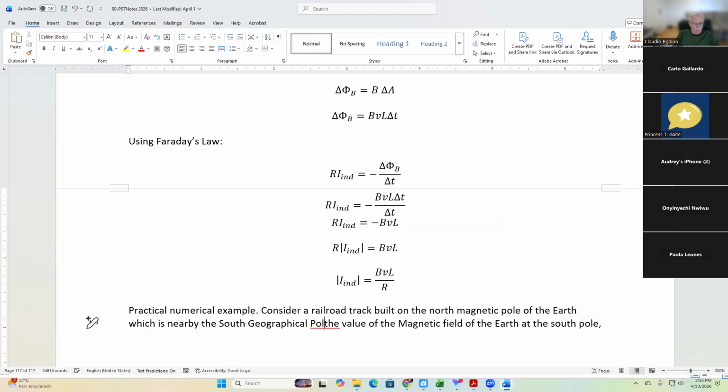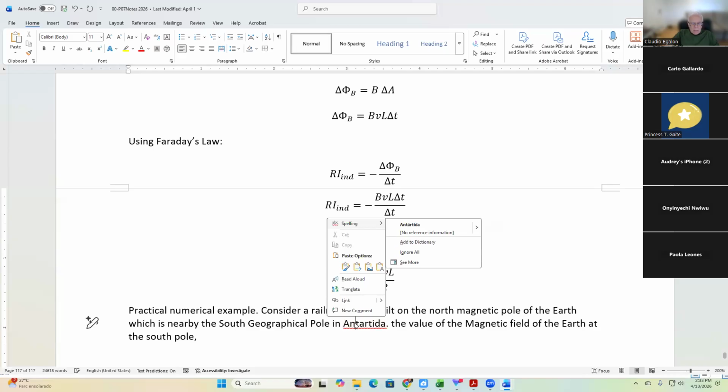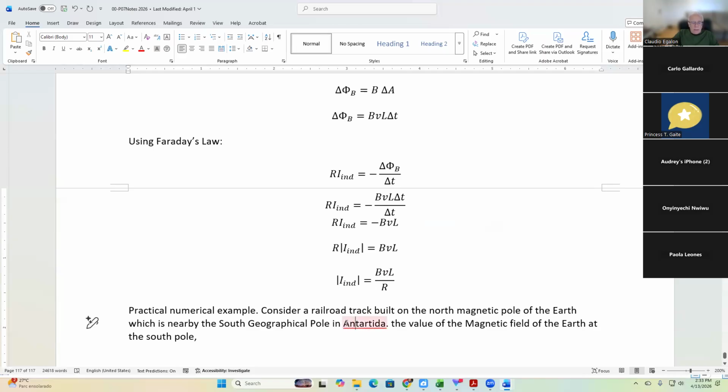Geographical pole in Antarctica, in the Antarctic continent.